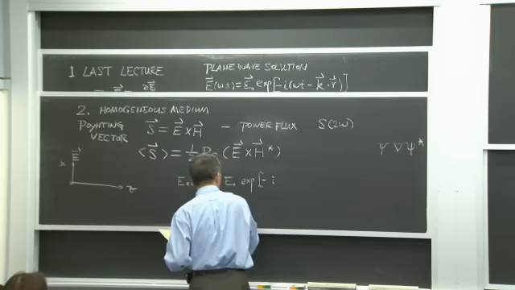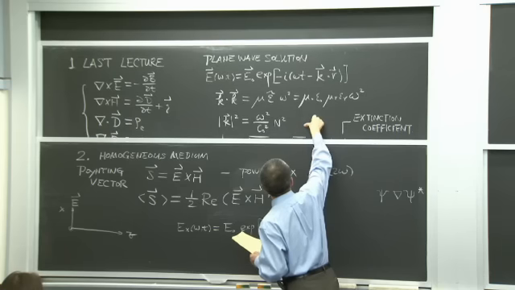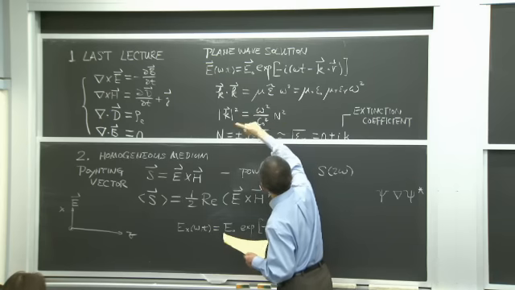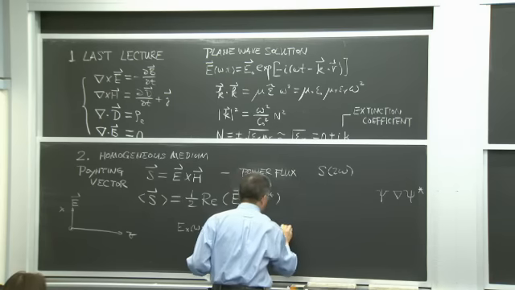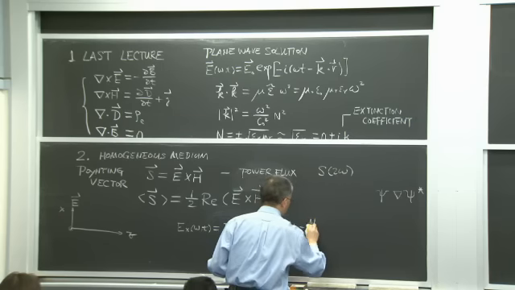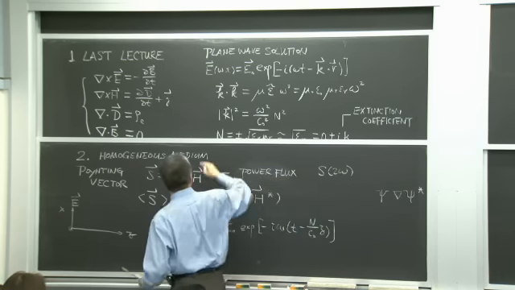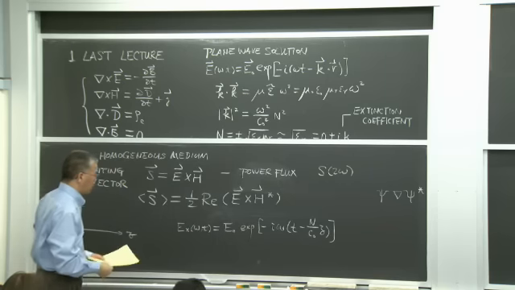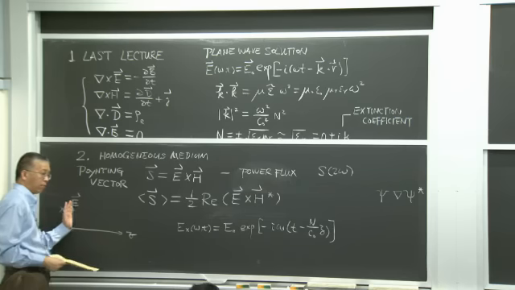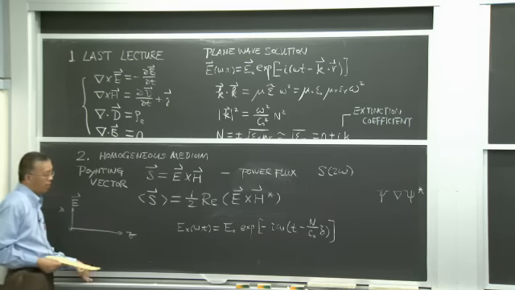And if you replace the K relation here, what do we have? K equals omega n over c0. So I can take out the omega. So omega t minus n over c0 times z. This is writing my plane wave for the electric field polarized in the x direction, propagating in the z direction. Okay?